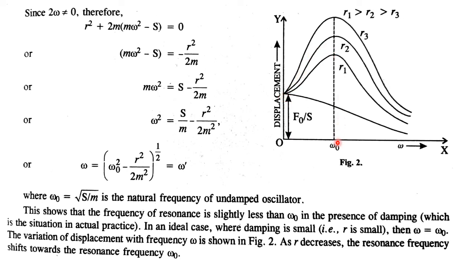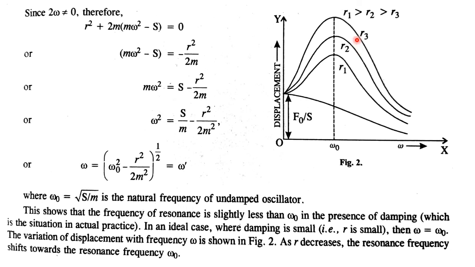See here, what is this? This is the natural frequency. That means how does it depend upon the damping constant? See here, this is your R1, this is your R2, and this is your R3. That means for R3, you are basically decreasing the damping constant. See here, R1 is greater, R2 is lesser than R1, R3 is lesser than R2.